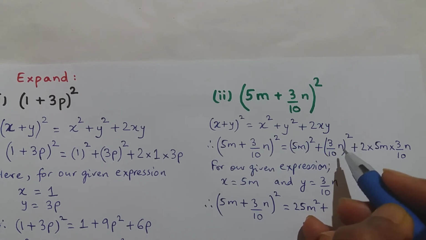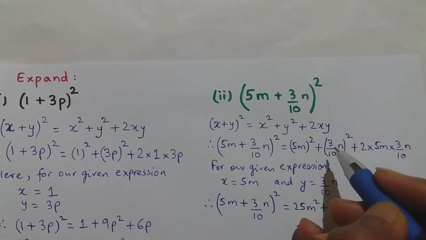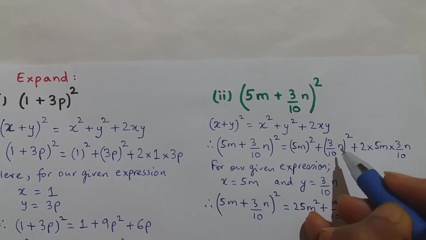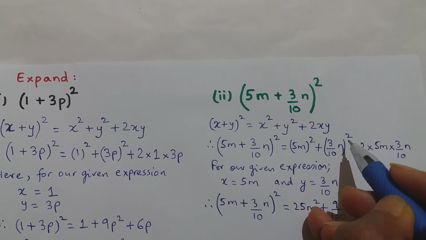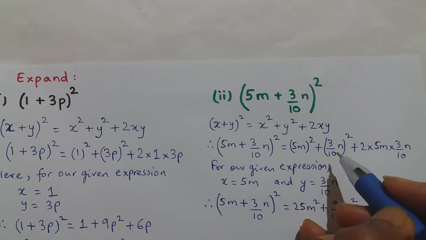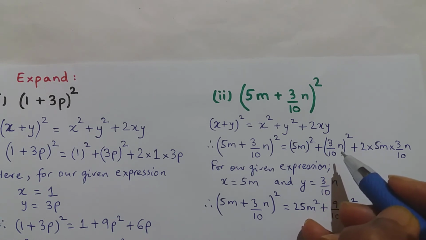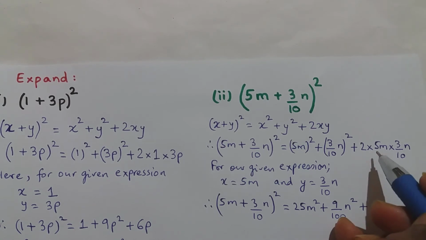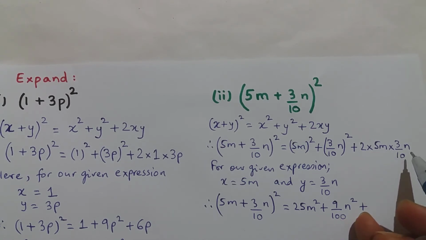Now (3 by 10 n) whole square is 9 by 100 n square. (3 by 10 n) whole square is 3 by 10 n into 3 by 10 n, and that is 9 by 100 n square. This comes from the knowledge of exponents. Plus 2 into 5m into 3 by 10 n.